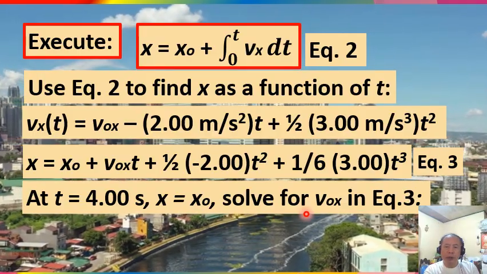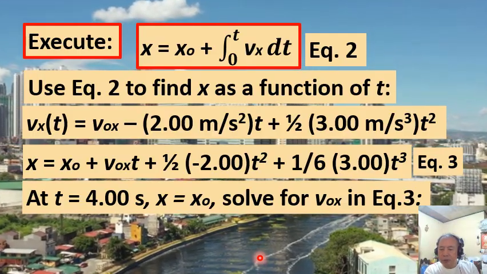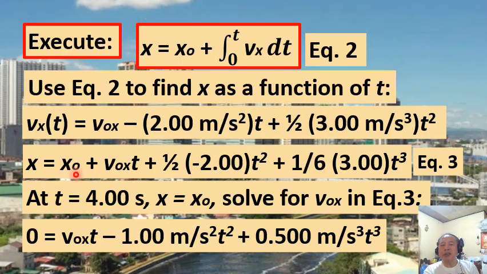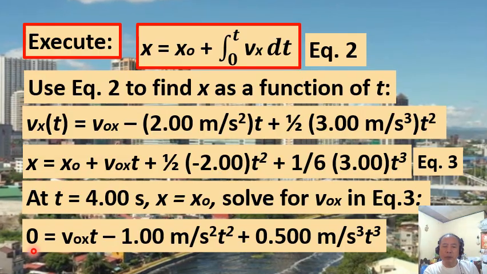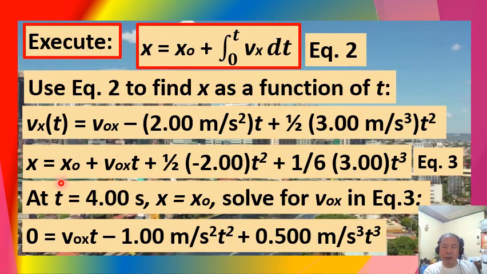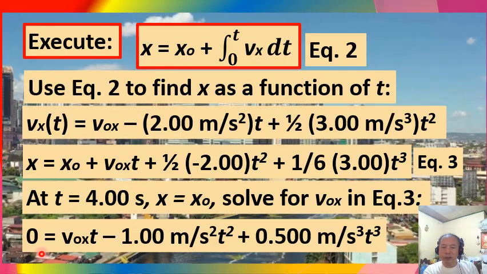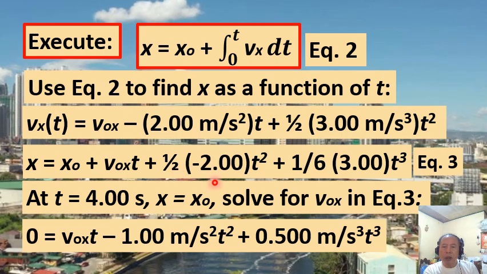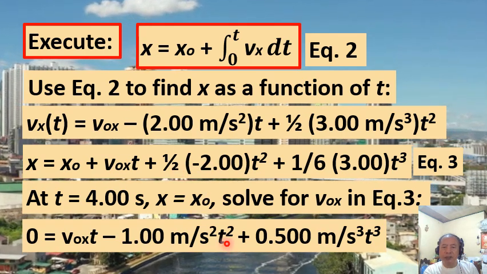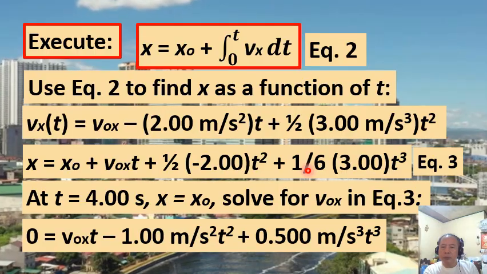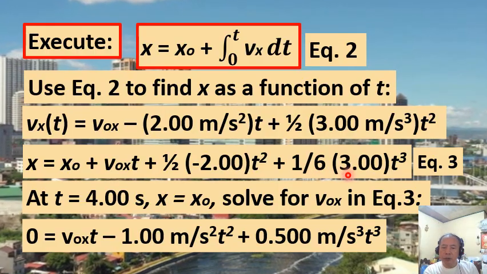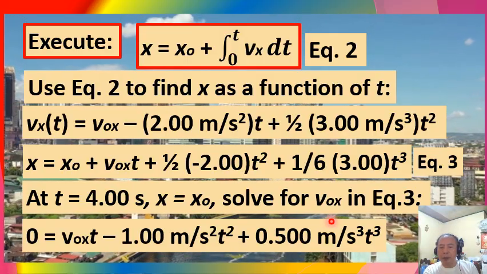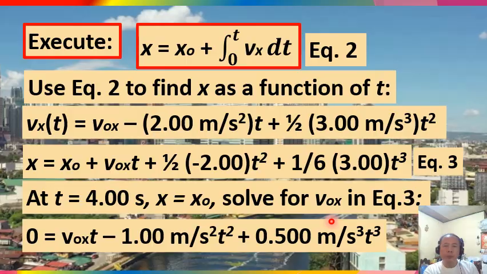So if we solve for v_0x in equation 3, we transpose x_0 to the left side and get 0, because x and x_0 are equal. So 0 is equated to v_0x times t minus 1.00 m/s² times t squared plus 1/6 of 3.00, which is actually 0.500 m/s³, and then multiplied by t cubed.